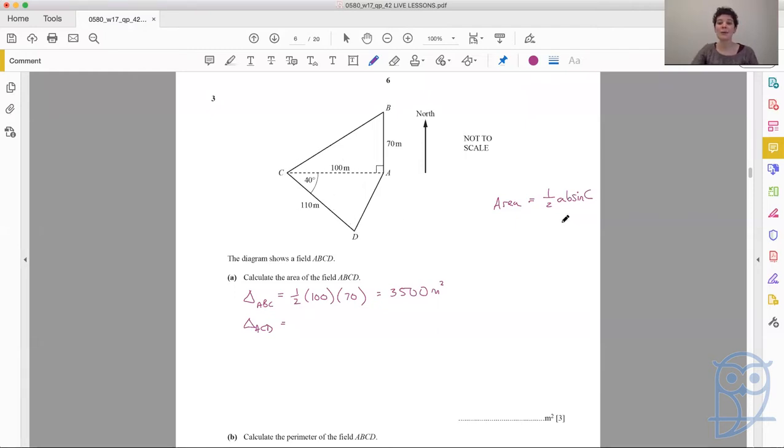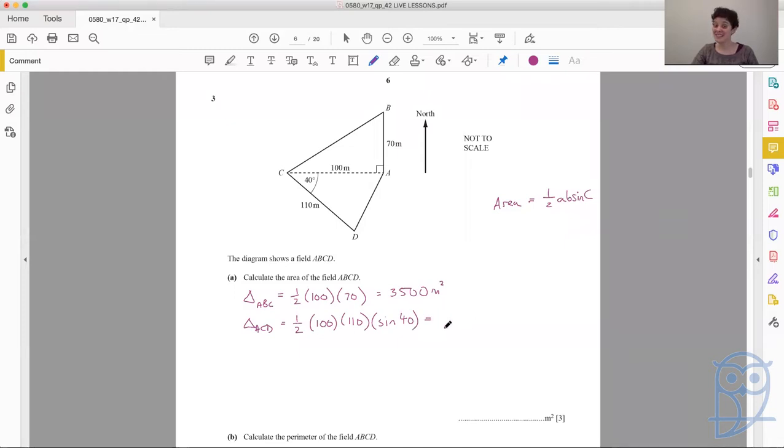So we are set up to use sine for area of a triangle. It would be 1/2 times one side times the other side times sine of 40 degrees. So 1/2 times 150 times 110 times sine of 40, I am not doing in my head.